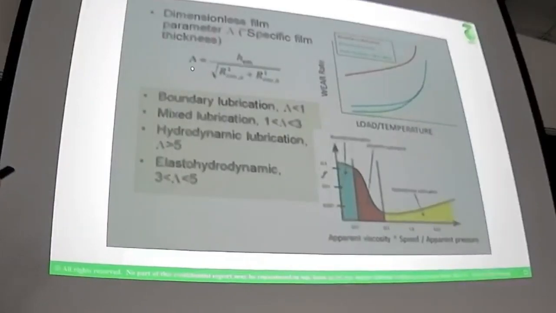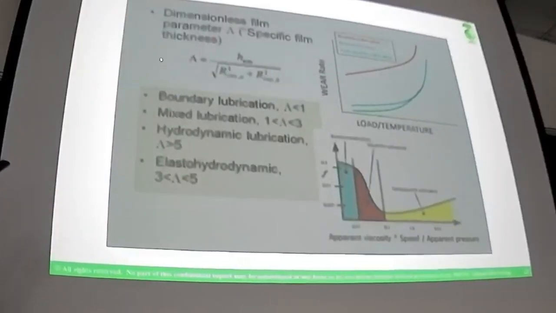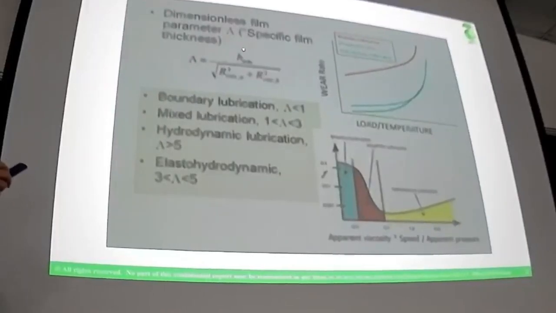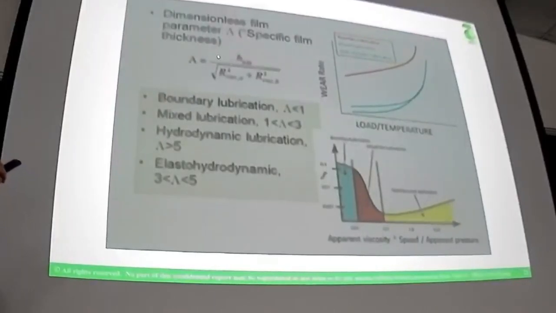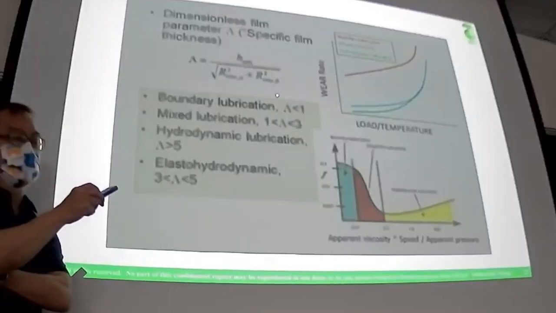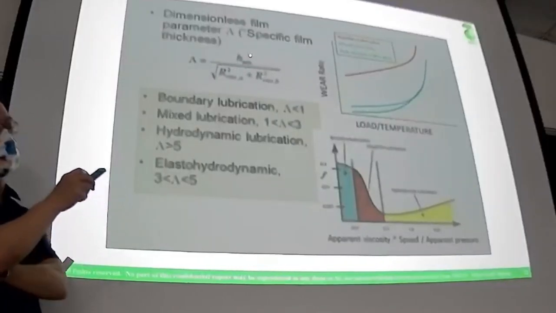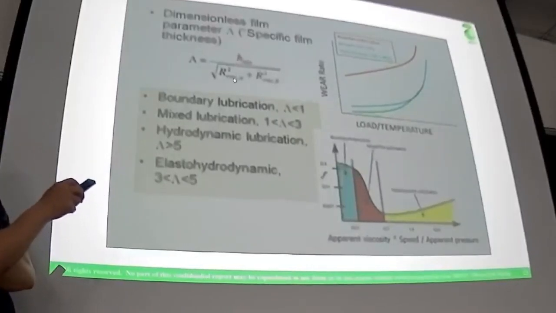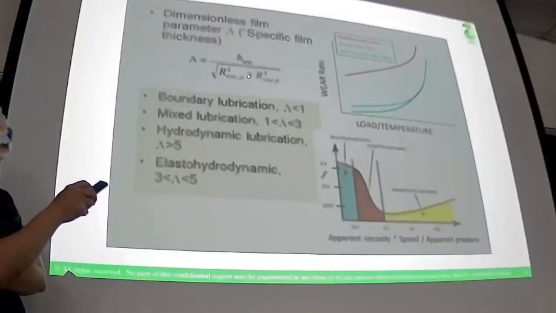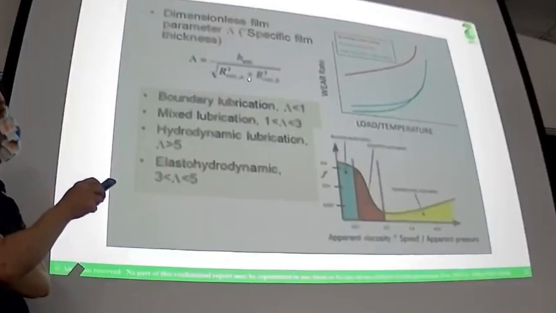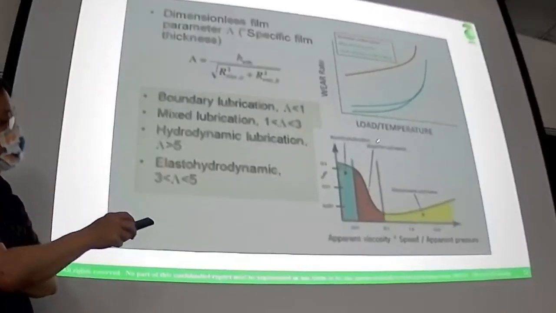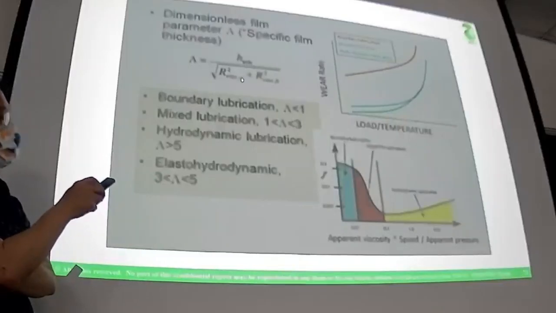So this is a dimensionless parameter. This lambda value is dimensionless. So for instance, you have a film thickness for your lubricant, in millimeter or in micrometer. And this is the root mean square surface roughness from contacting body 1.